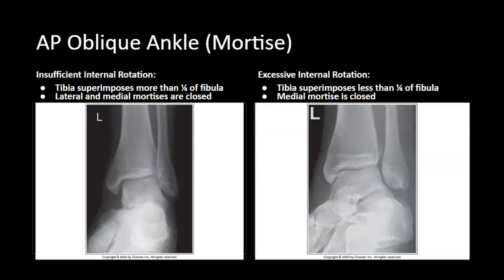When trying to determine rotation in the AP oblique ankle mortise view, obviously we're going to look to see if our mortise is open. When looking at the first projection, you can see that the lateral mortise is closed.